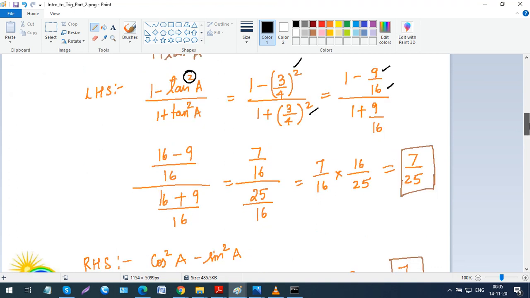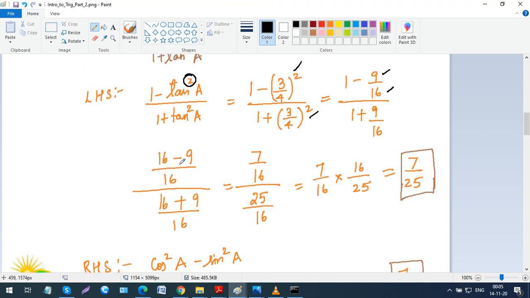Now let's solve this. I'll have to make the denominators common. Here it's 1, here also it's 1, so I'll make it 16. I'll have to multiply by 16 here, and here also. So it becomes 16 minus 9 by 16, and 16 plus 9 by 16. That gives you 7 by 16 and 25 by 16.